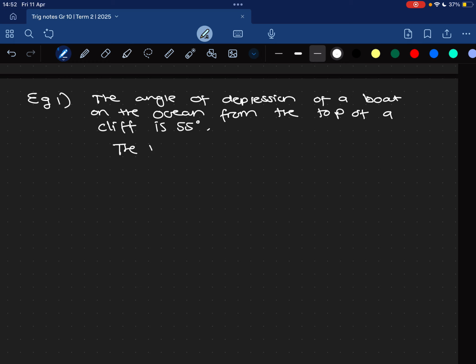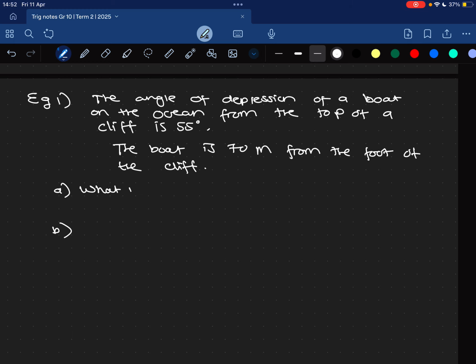Okay, the boat is 70 meters from the foot of the cliff. So A and B. A is what is the angle of elevation. And B is to calculate the height of the cliff.